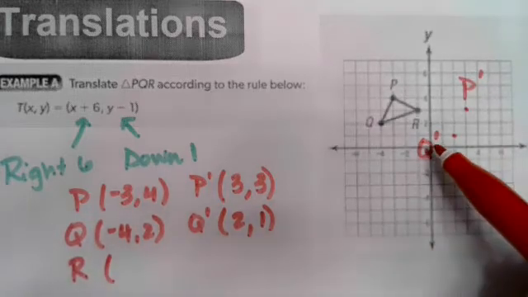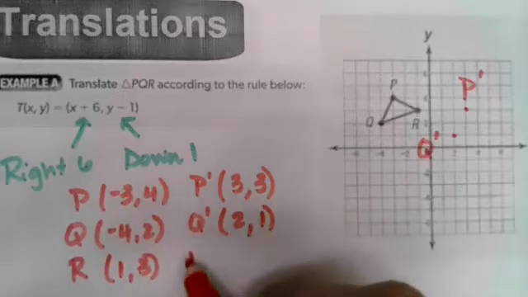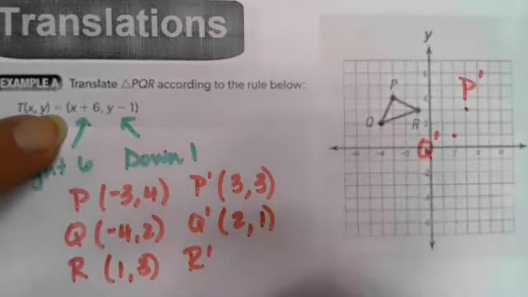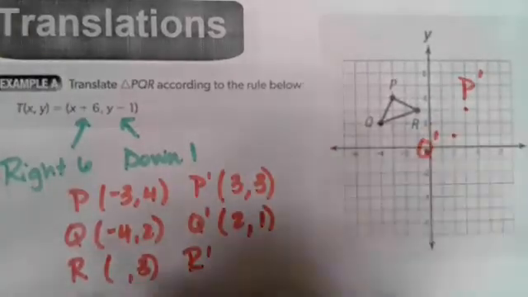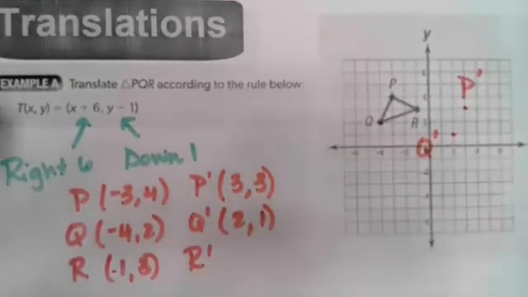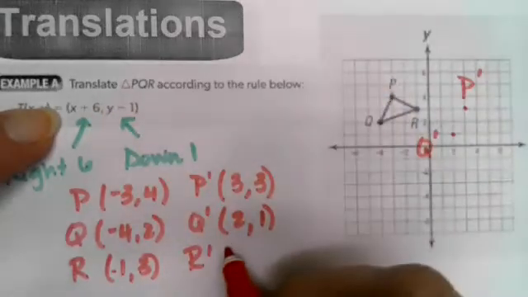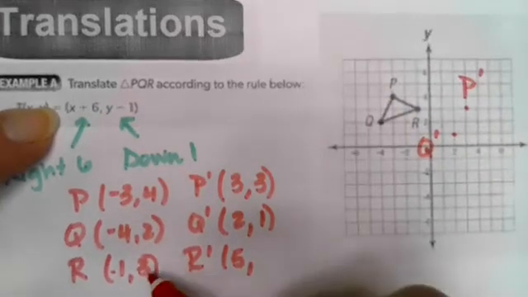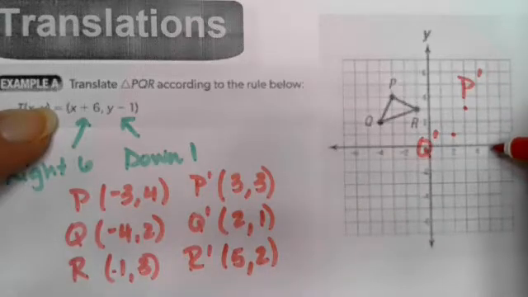And then R is the point, sorry, that is not 1, 3. That is a -1, 3. So if I add 6, I'm going to get 5 for the x coordinate, and subtract 1 from the y, I'll get 2. So 5, 2 is my R prime.